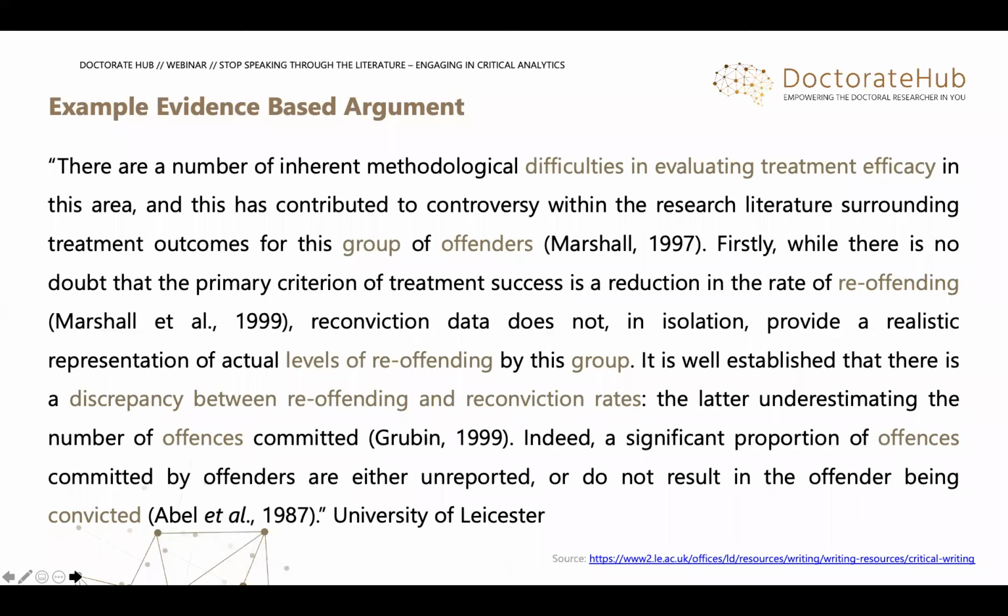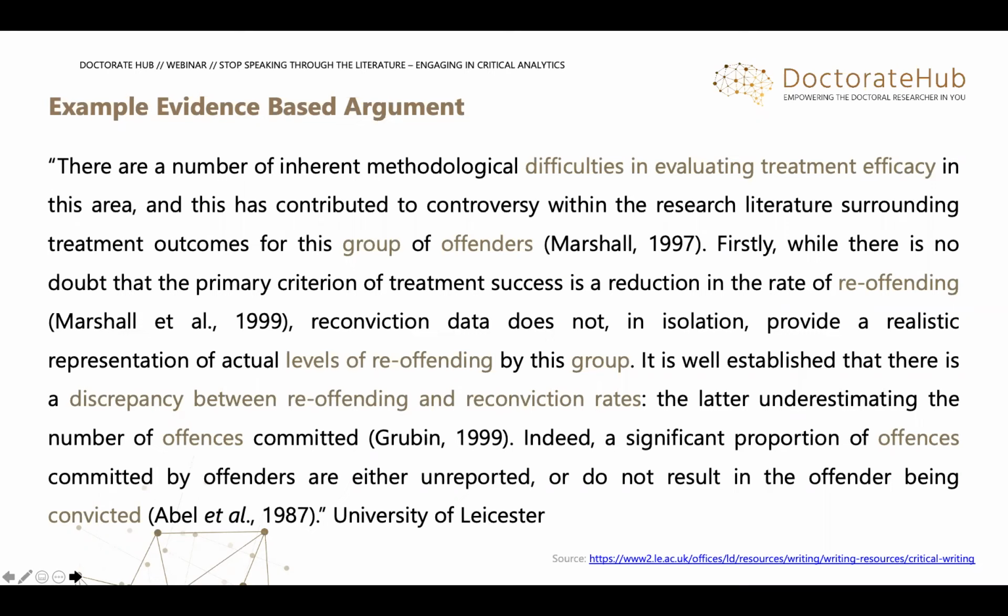And this has contributed to controversy within the research literature surrounding treatment outcomes for this group of offenders. Firstly, while there is no doubt that the primary criterion of treatment success is a reduction in the rate of reoffending, reconviction data does not, in isolation, provide a realistic representation of actual levels of reoffending by this group.